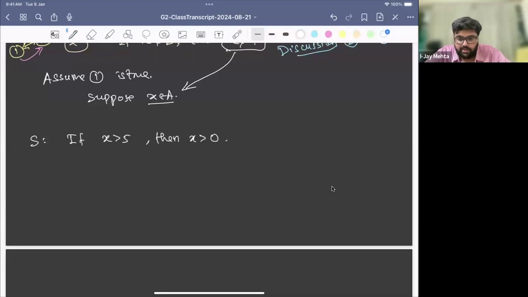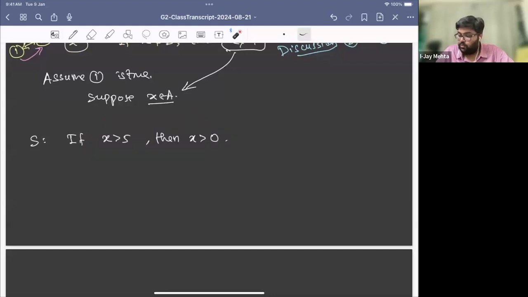I'm saying if a real number is greater than 5, then X is greater than 0. You can think by taking some real numbers greater than 5, 5.1, 6. When this condition is satisfied, then you can conclude this. If you have this conclusion, then the statement is true.